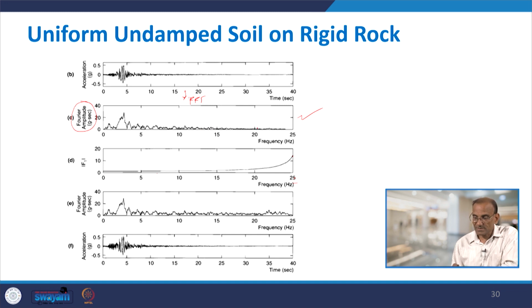When all the peaks get diminished, only then do you realize the effect of the Nyquist frequency here.